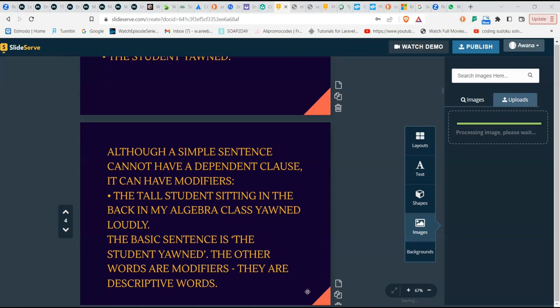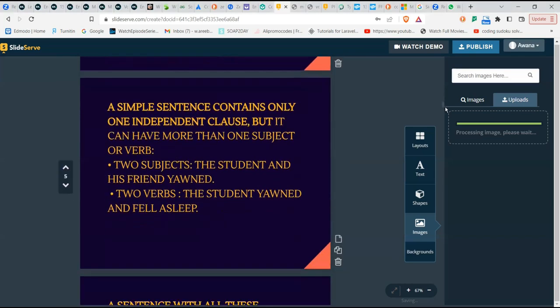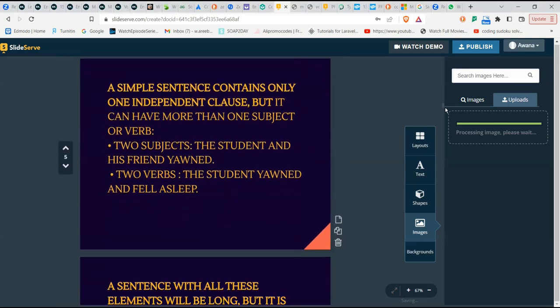Okay. Now we'll move forward. So here, a simple sentence contains only one independent clause, but it can have more than one object or verb. So, for example, your sentence was she drank milk.